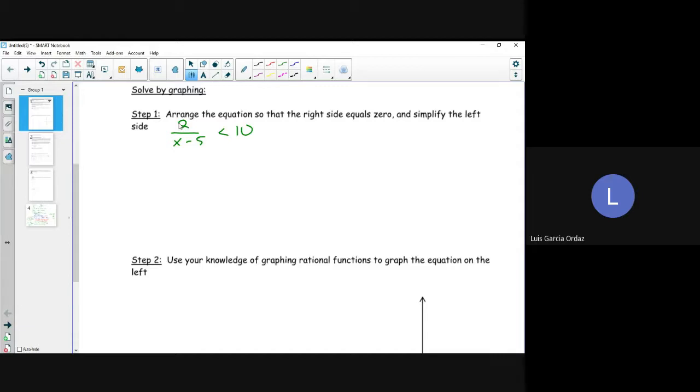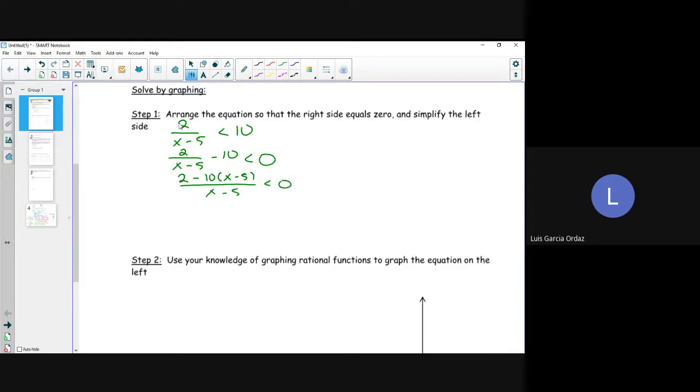First we want to arrange the inequality so that the right side equals 0 and then simplify the left side. So we move the 10 over, and we get 2 over x minus 5 minus 10 is less than 0. Then we take the common denominator, which in this case is x minus 5, so we get 2 minus 10 times x minus 5 over x minus 5 is less than 0.